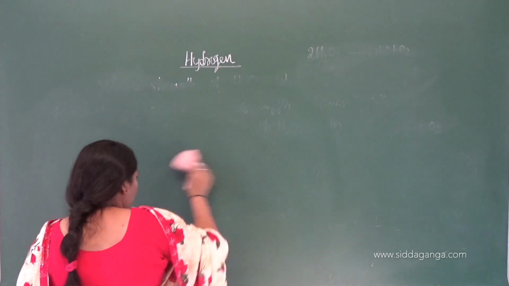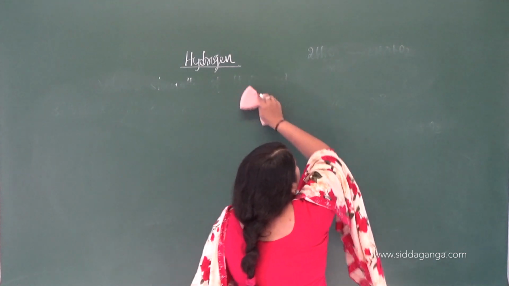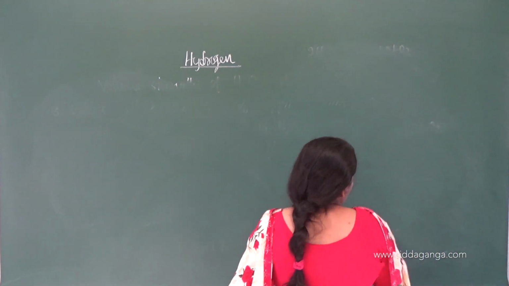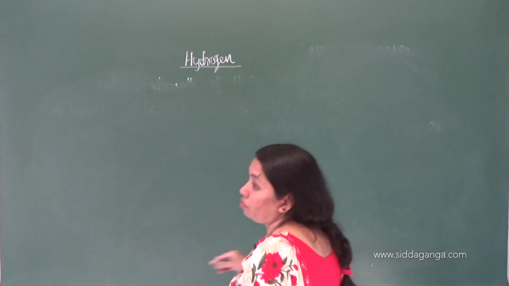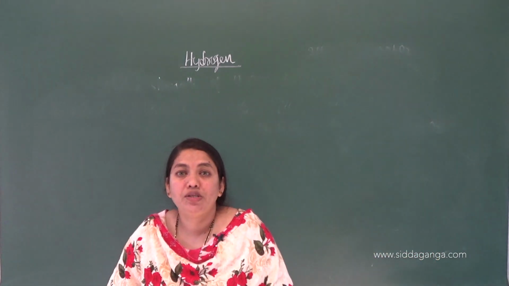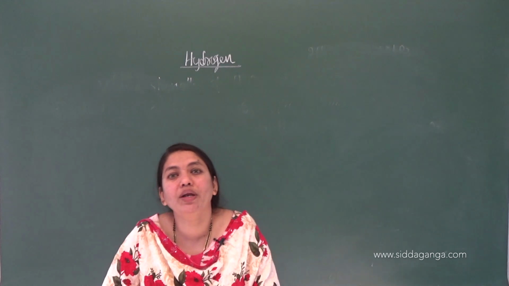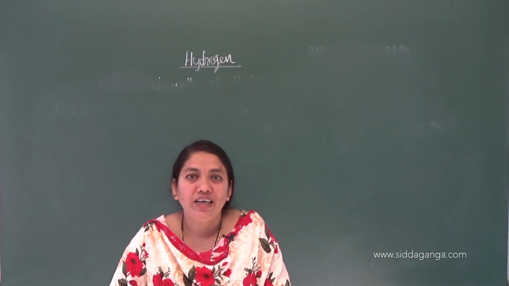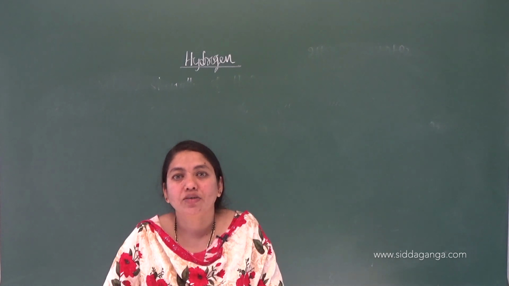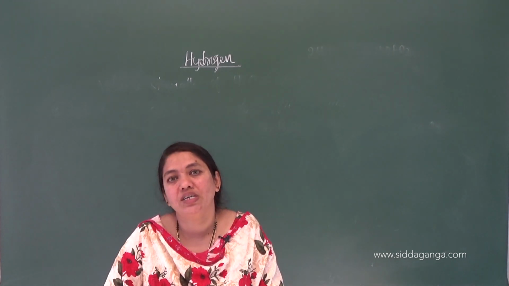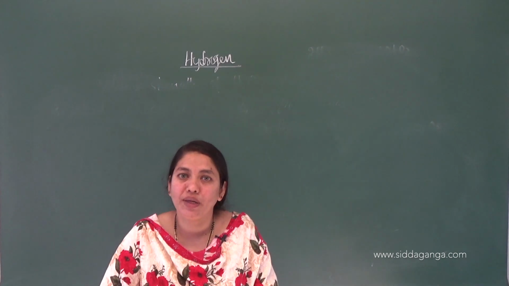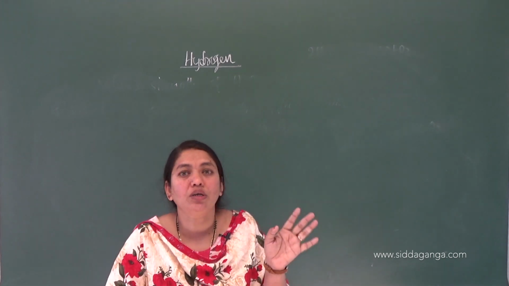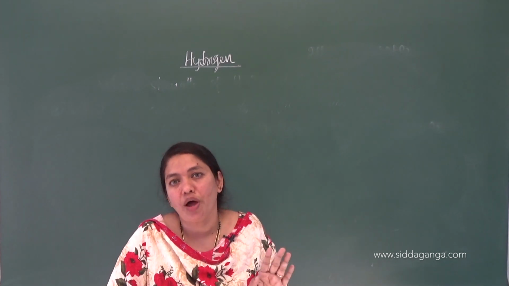So whenever you see in the market 10 volume H2O2, you have to understand that 1 ml of H2O2 produces 10 ml of oxygen at STP. That is the meaning of that one. Because this is a solution, we are not going to get the pure hydrogen peroxide.